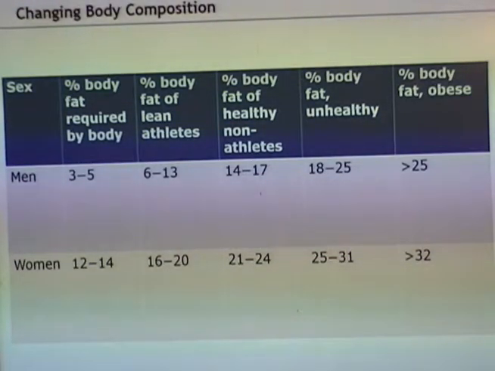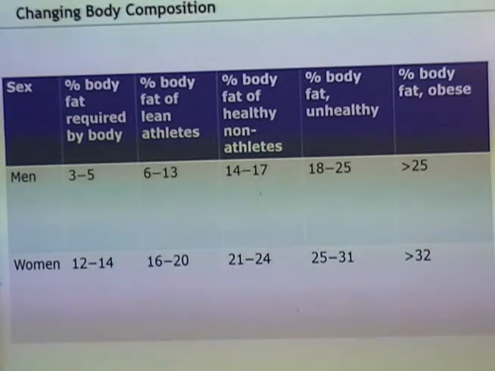Be a little careful with these kinds of classifications, though. All right, because being overweight, not obese, obese is a different category, but being overweight doesn't always mean that you're unhealthy. And in fact, there is some literature out there.